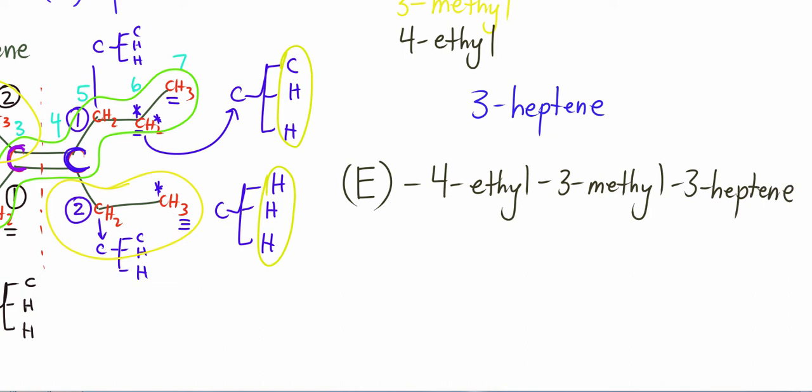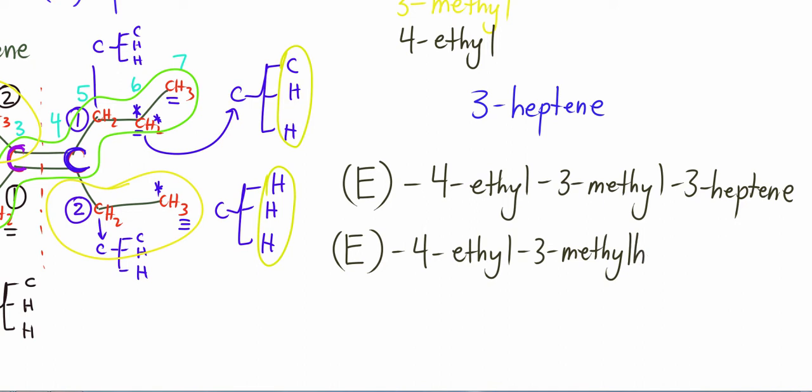Okay, and you could also write that as E for ethyl, dash 3 methyl, hept-3-ene. Okay.